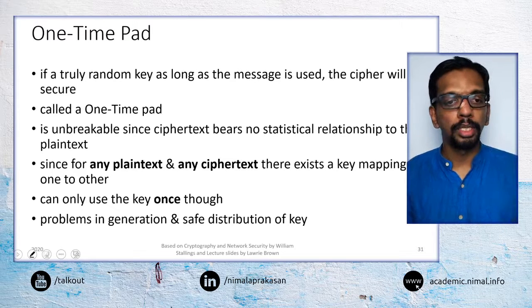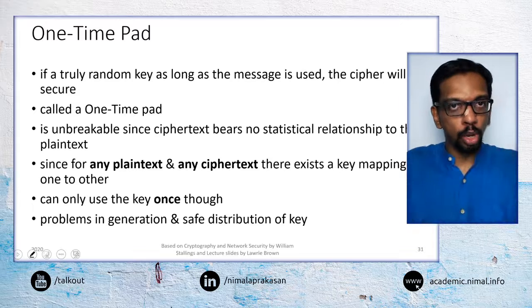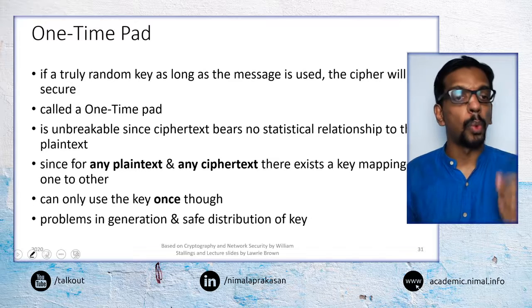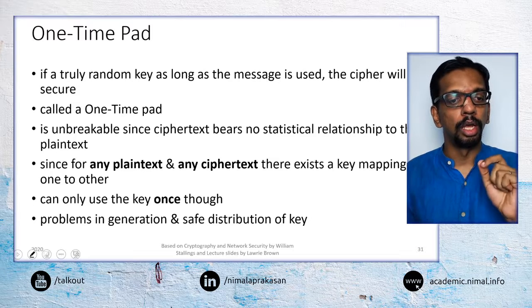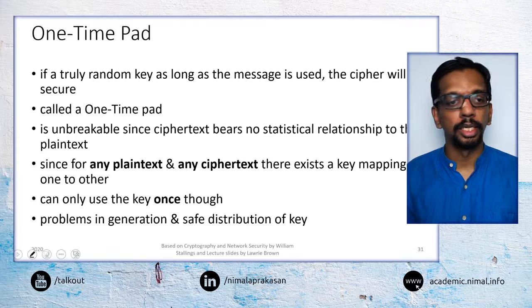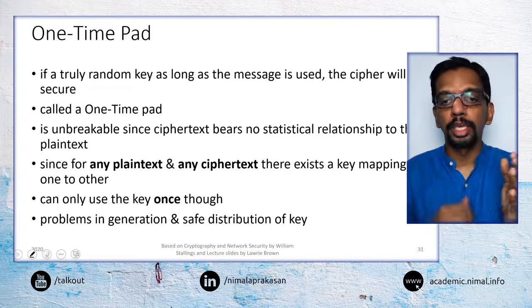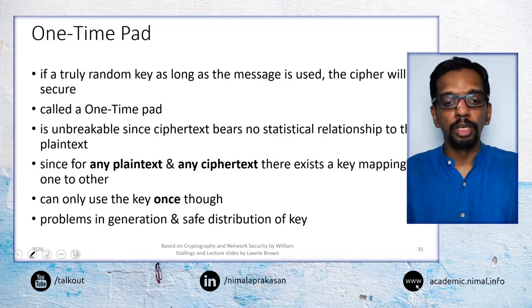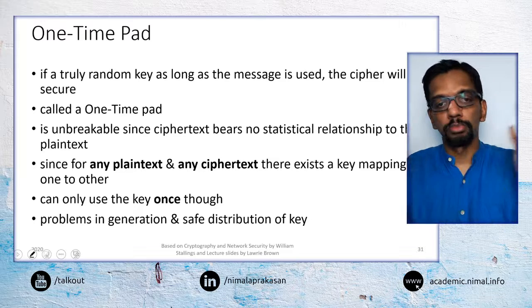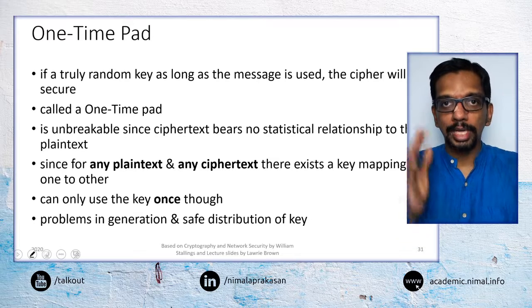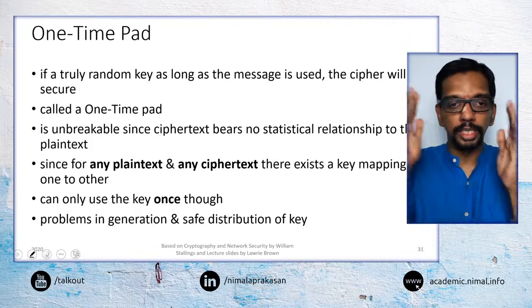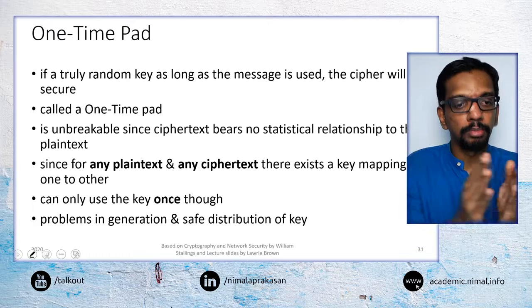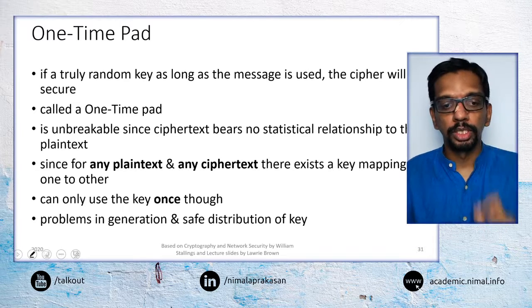One of the common methods of using this type of a long key is what is called a one-time pad. So a one-time pad is basically a random key that is only used once. You have a long message as the key that would be random, but you can only use it once.